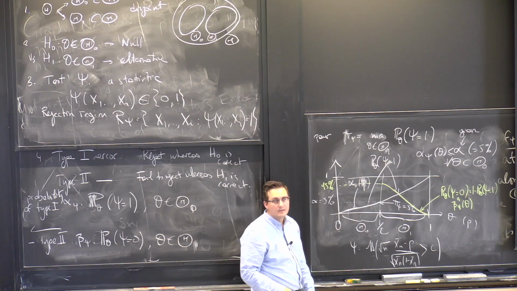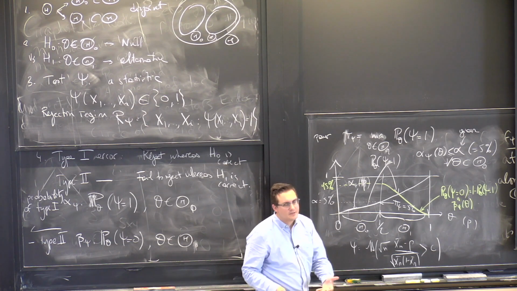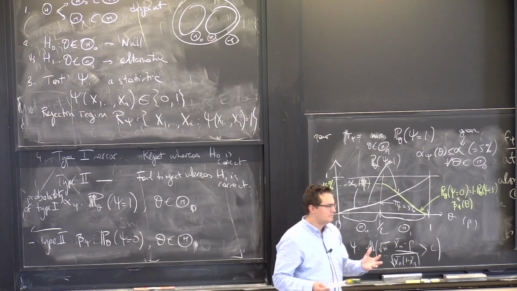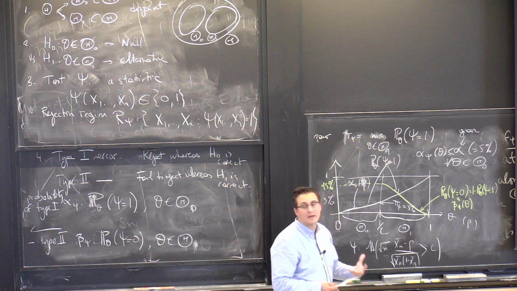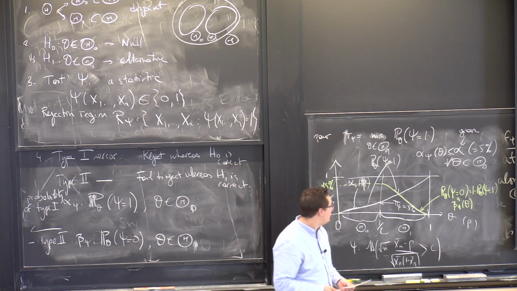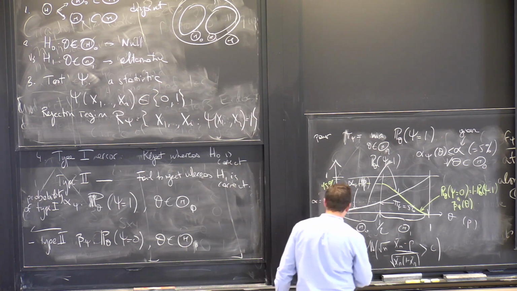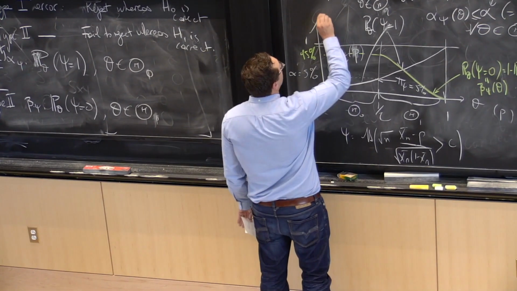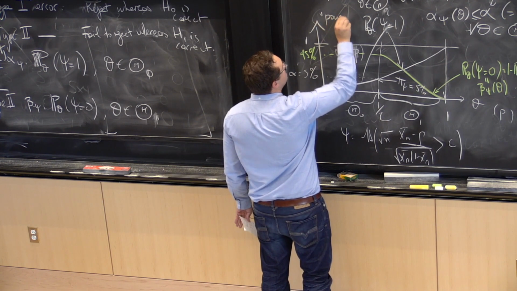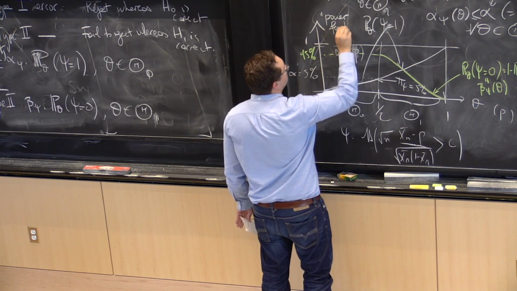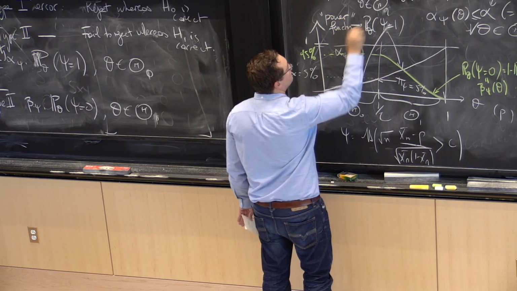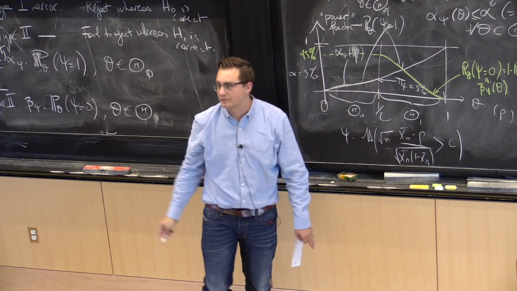OK? Now, there's something I didn't mention, and I'm just mentioning it in passing. Here I define the power itself. This function, this entire white curve here, is actually called the power function. This thing, that's the entire white curve.